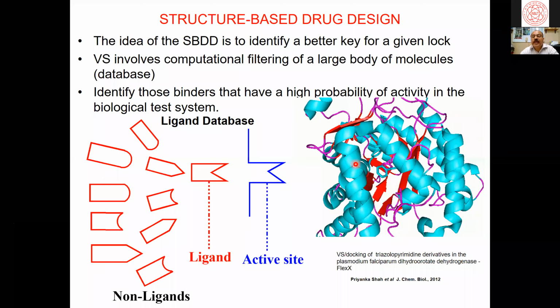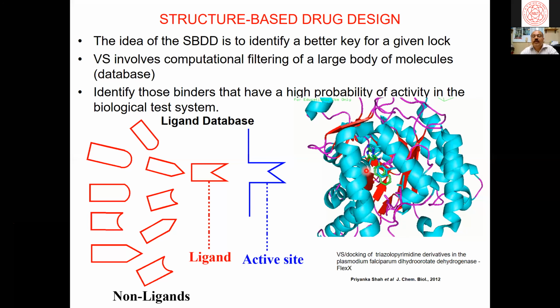Once the active site is defined, a whole set of molecules are pumped into it in a sort of computational filtering. This will rank them on the basis of certain protein-ligand complementarity.